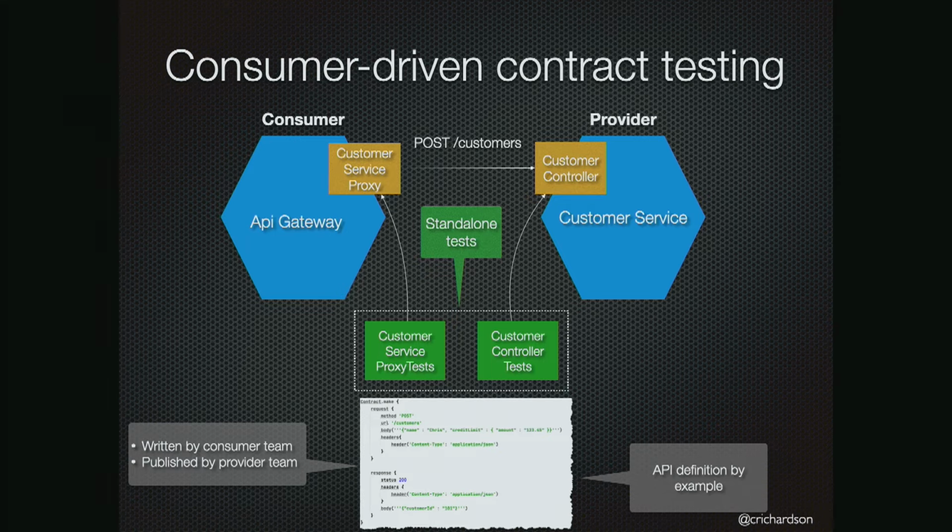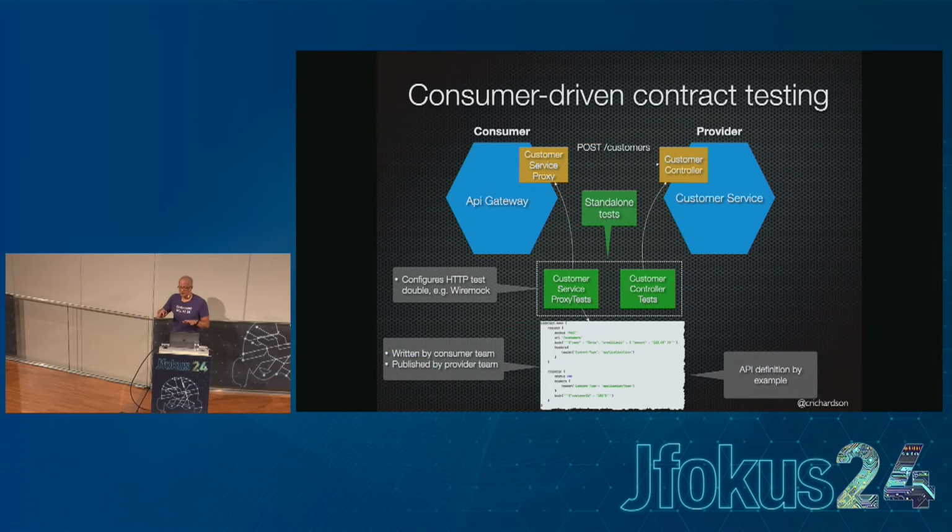And then the customer service proxy tests use those contracts to configure a WireMock server to simulate the behavior of the customer service API. And then the customer controller tests also use those contracts.